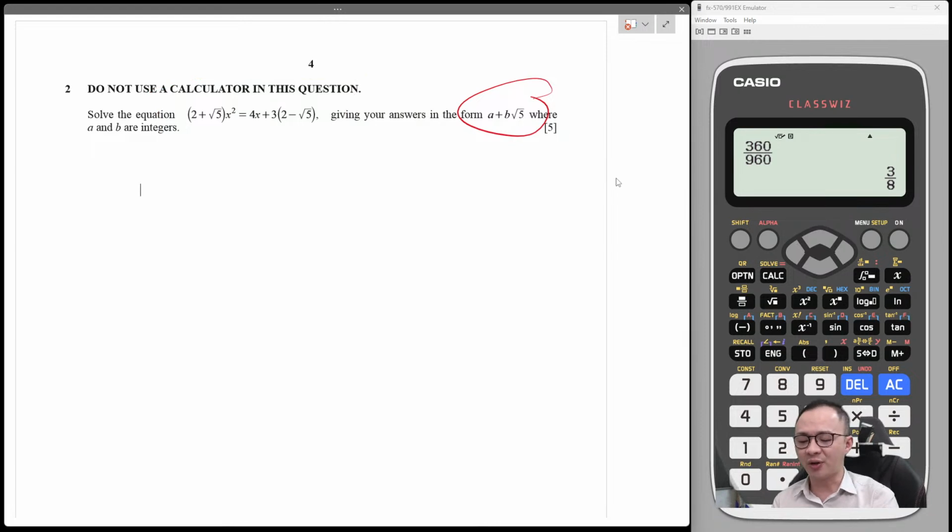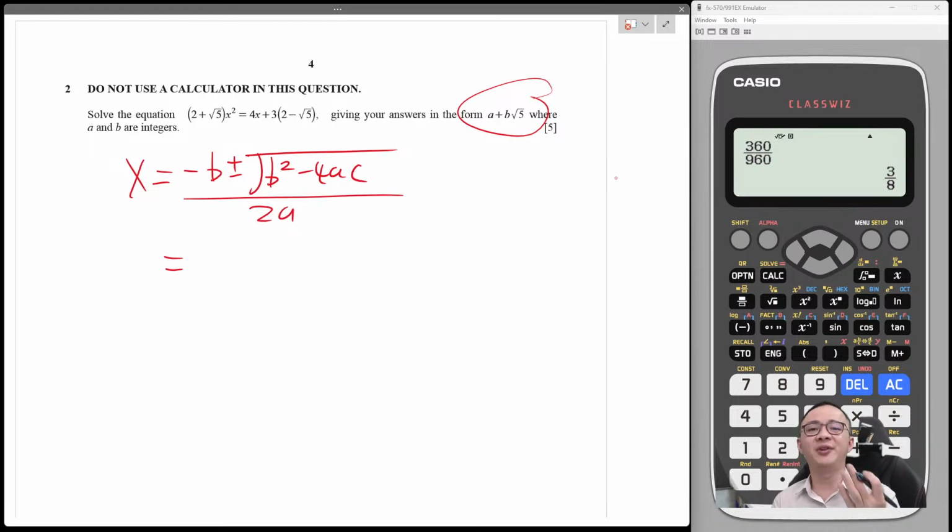So I will just use the quadratic formula, which is x equals -b plus minus square root of b squared minus 4ac. This formula is given in your formula list, so you don't even need to memorize it, but you need to know what your a, b, c are. Let me rearrange the equation a little bit before I take a, b, c.